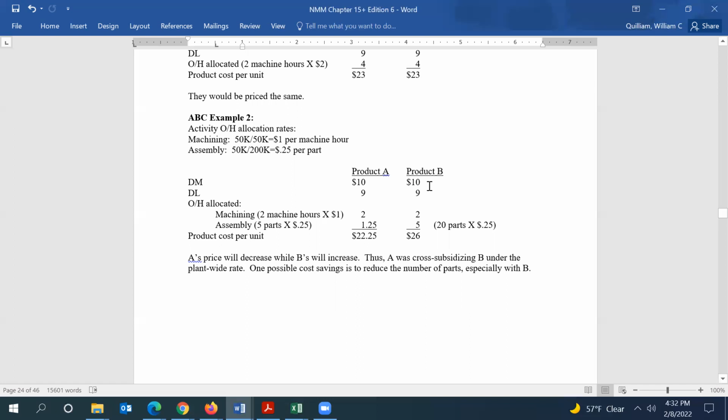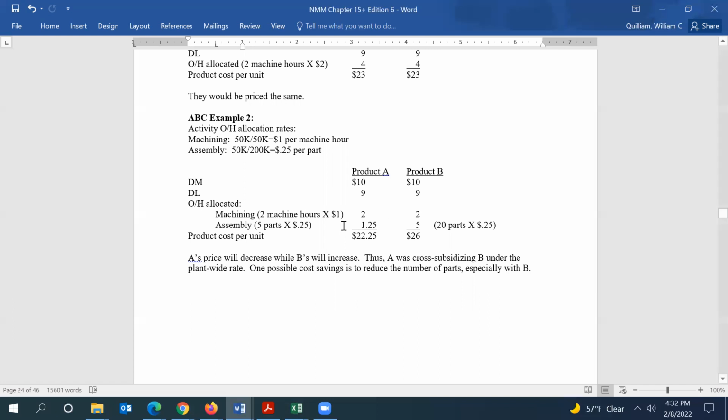Well, now for these 2 products, A and B, again, direct costs don't change. So direct material is still $10 each. Direct labor still $9 each. Overhead allocated. Now machining will have the same allocation, and the reason is that each product contains 2 machine hours. So multiply that by $1, we get $2.